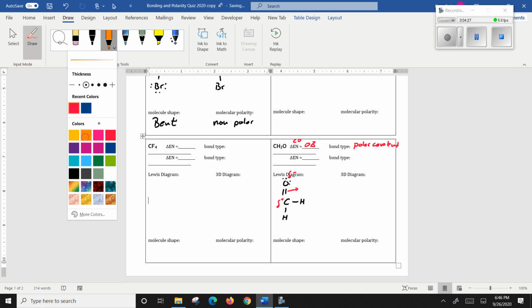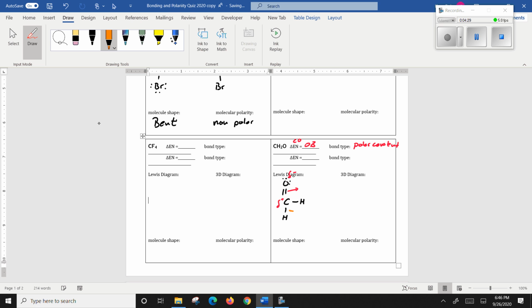We're going to be looking at these 2 bonds here. Now these 2 bonds are going to be the carbon-hydrogen bonds. You look at the difference in electronegativity, it's only 0.4. So it's non-polar, or just regular covalent. So there are no charges down here. Don't put charges in.